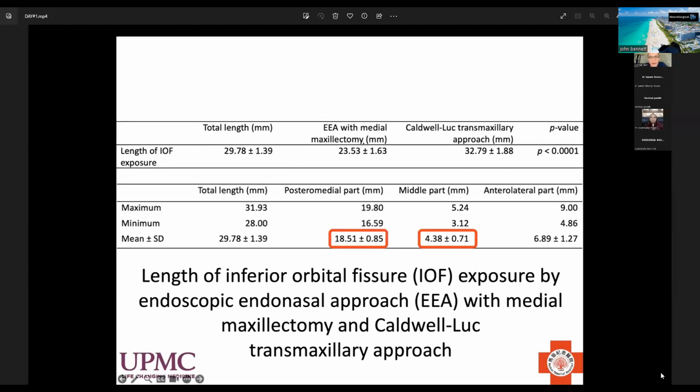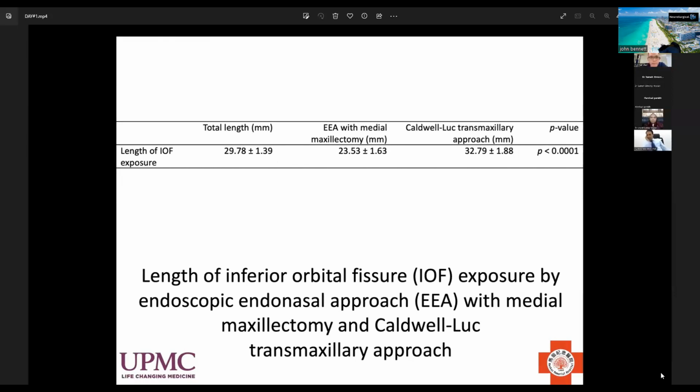And with EEA with medial maxillectomy, the length that we can expose is almost equal to the summation of the posterior medial part and the middle part. So it means that by EEA with medial maxillectomy, we can expose just the posterior medial part and the middle part of the inferior orbital fissure.